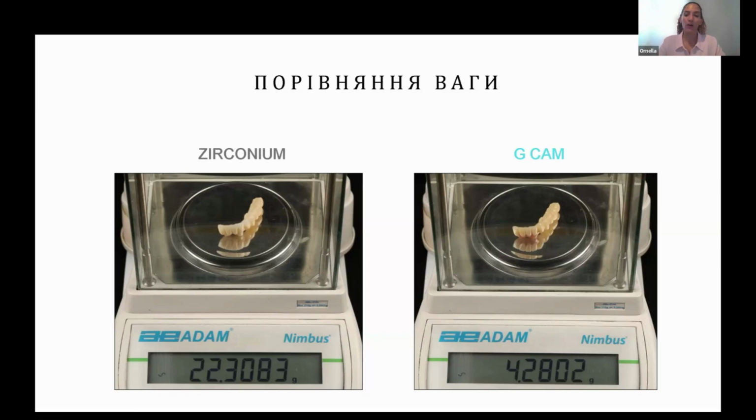Here we can see a comparison between half an arch, and we can see the difference in the weight, okay? A zirconia bridge, we are talking about 22 grams versus a G-CAM bridge of 4 grams. If we think about our natural dentition, the average of one tooth is around 1 gram, okay?